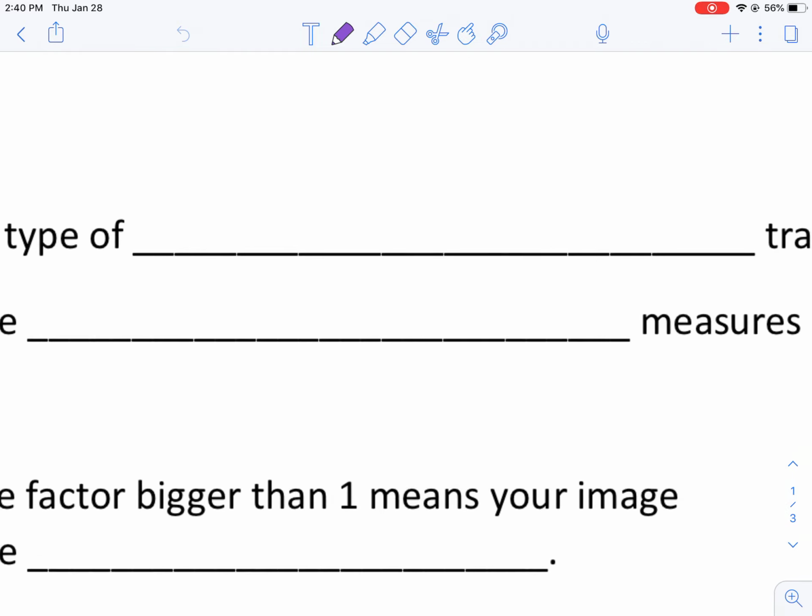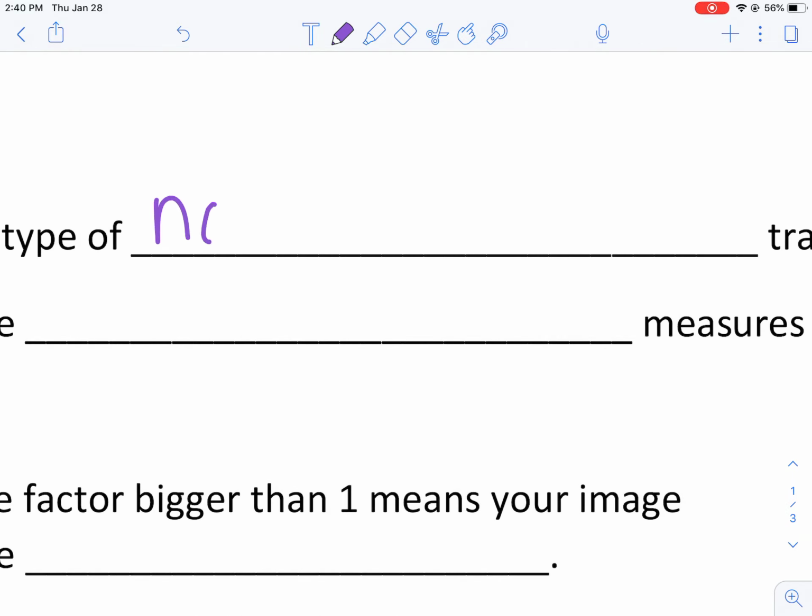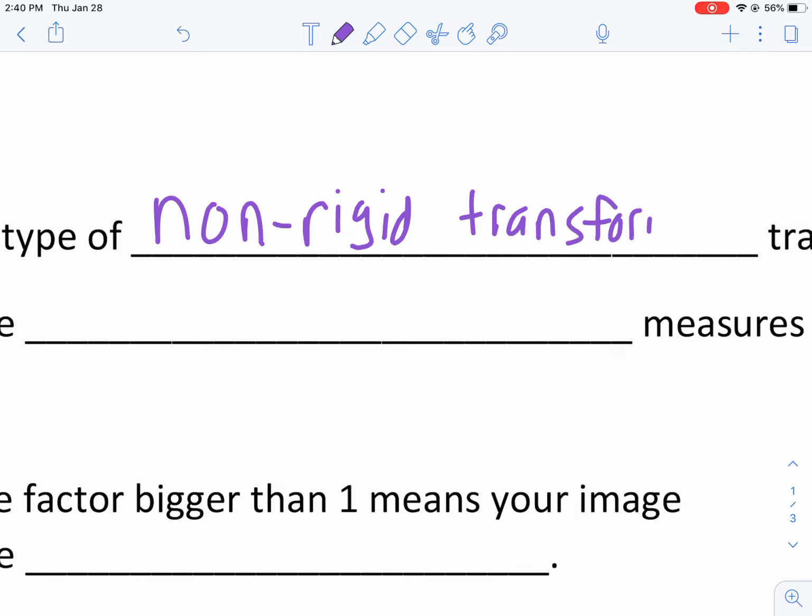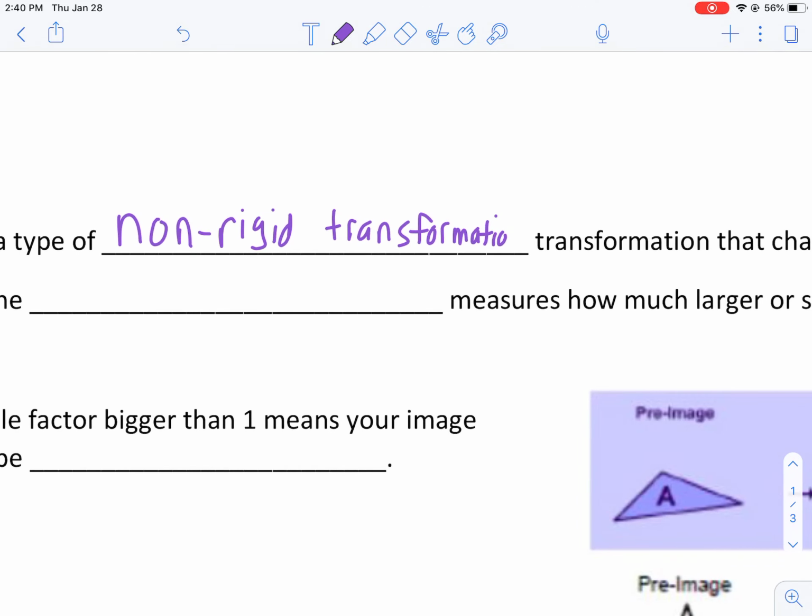So dilations are a type of non-rigid transformation. It's a non-rigid transformation.